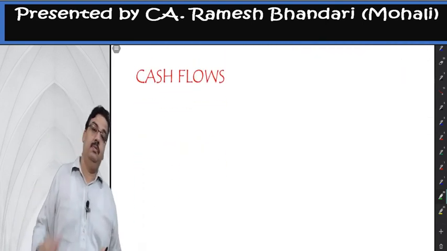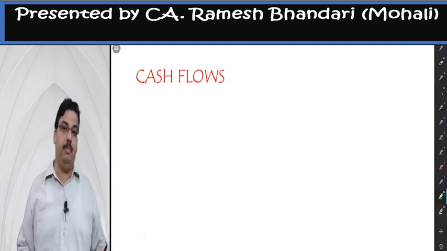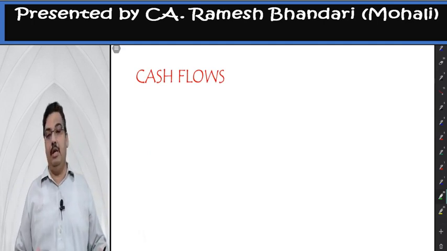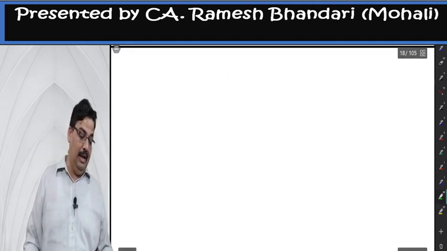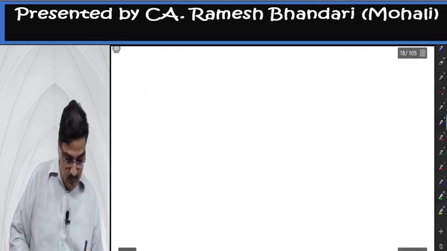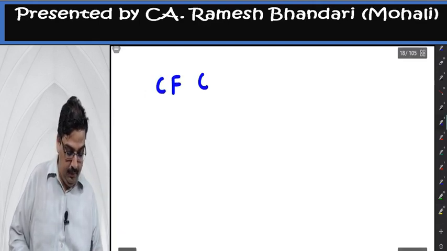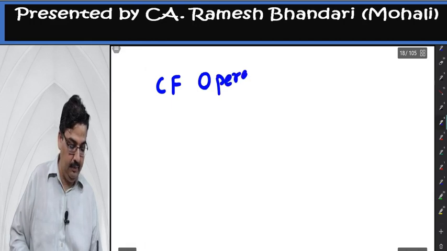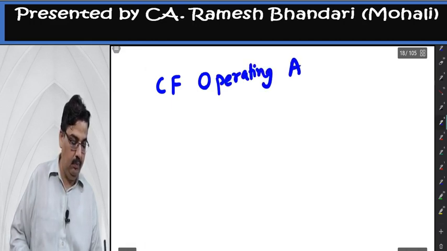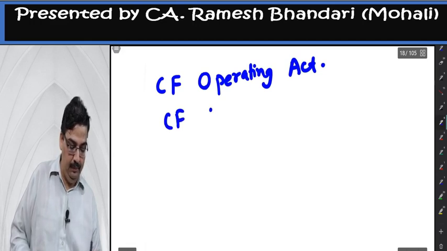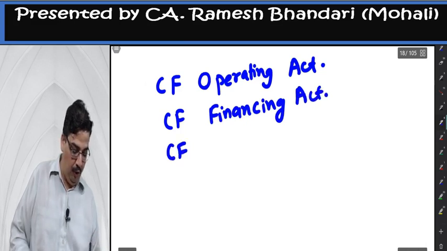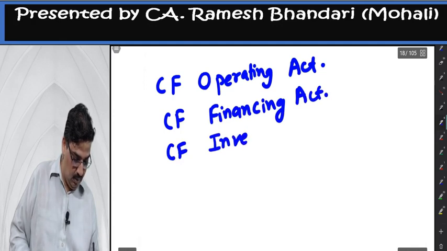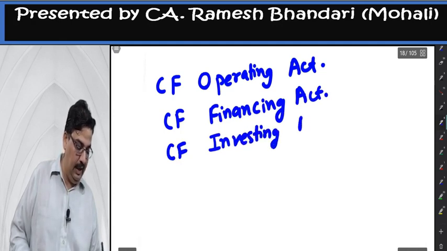Cash flows. Now cash flows we are reporting in cash flow statement. Under accounting standard 3, we are studying the cash flow statement in detail. Now cash flow statement looks like this. Cash flow from operating activities, cash flow from financing activities, cash flow from investing activities.